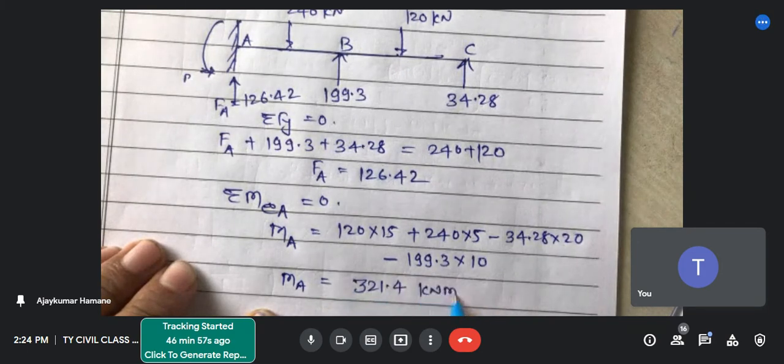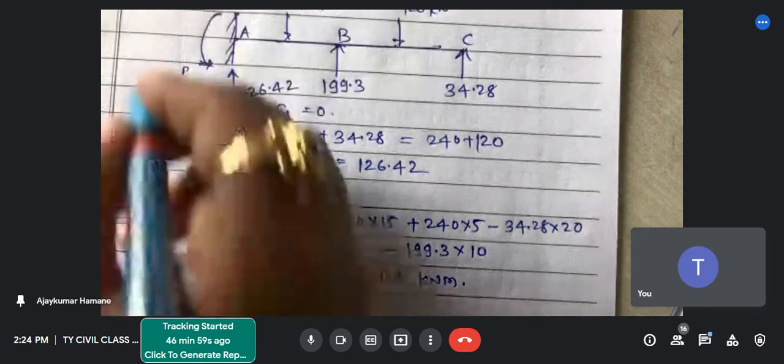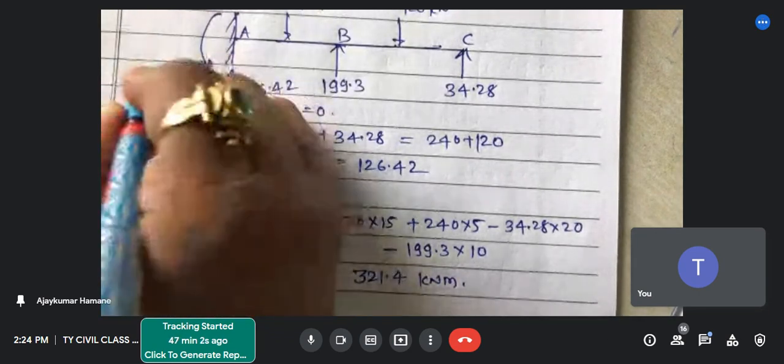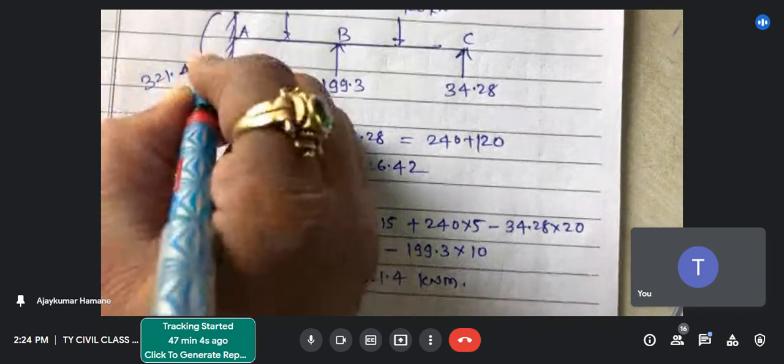Correct? What is MA? 321.4 kilonewton meter. So this one becomes 321.4 kilonewton meter.